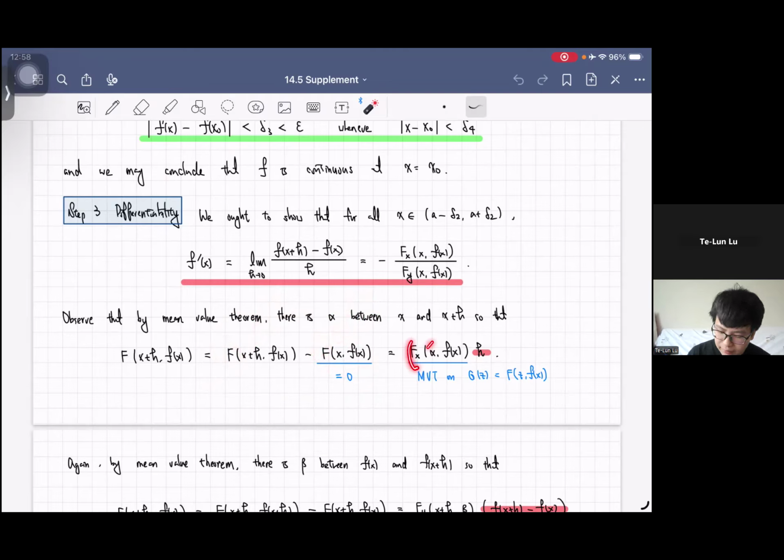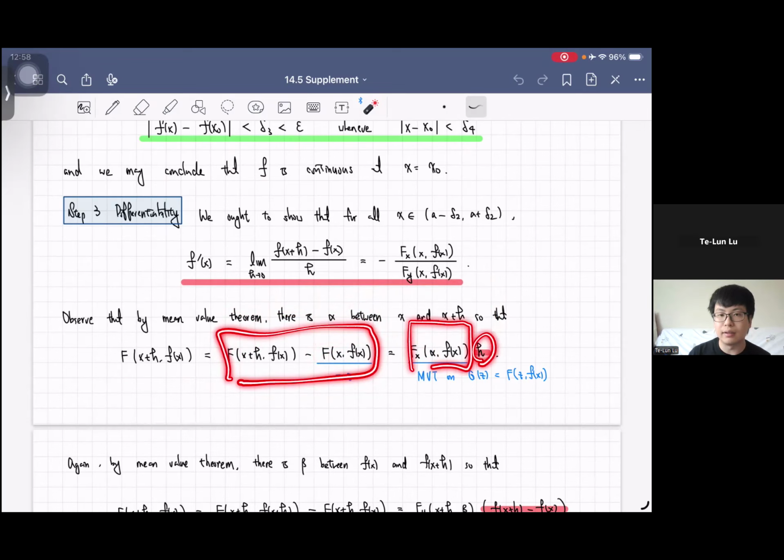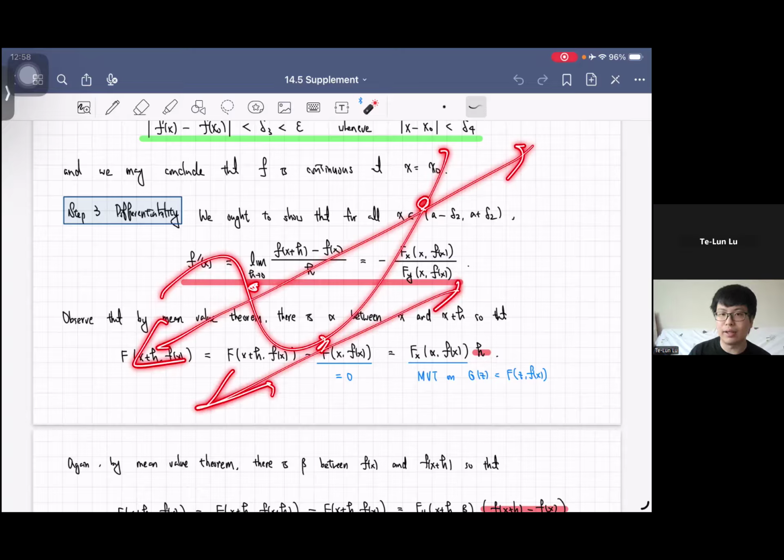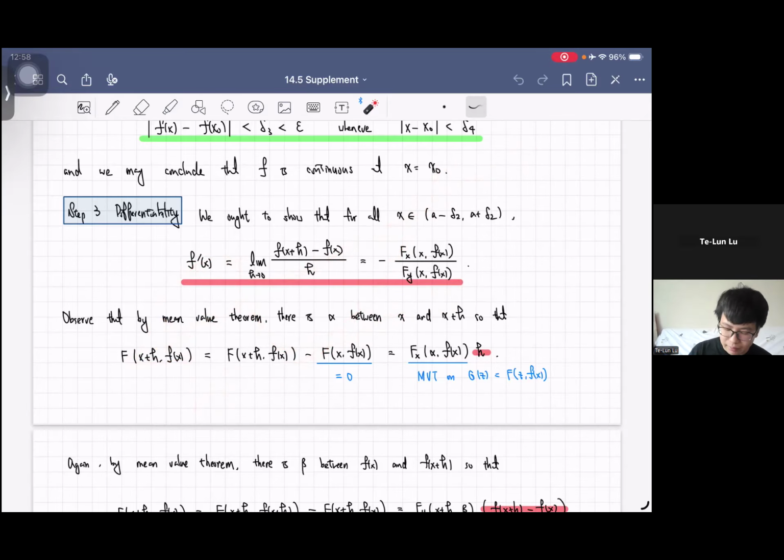So you have fx at alpha for some value alpha between x and x plus h. So this difference can be represented by the gradient times the differences, right? That is the mean value theorem, telling you that given a secant line, you can always find some point where you have the same tangent line. So basically this gives us this for some alpha between x and x plus h.